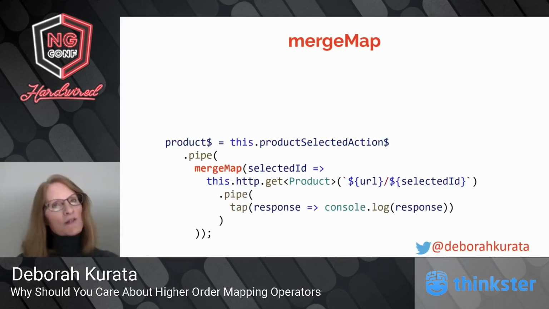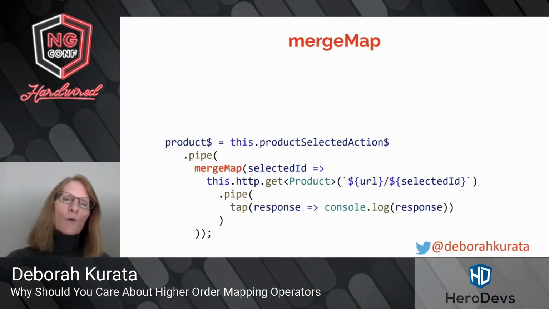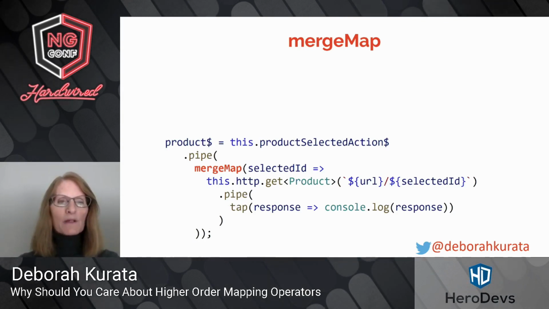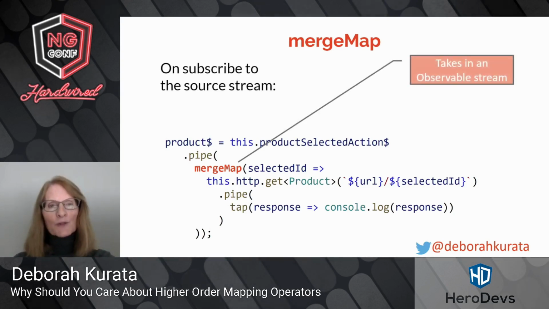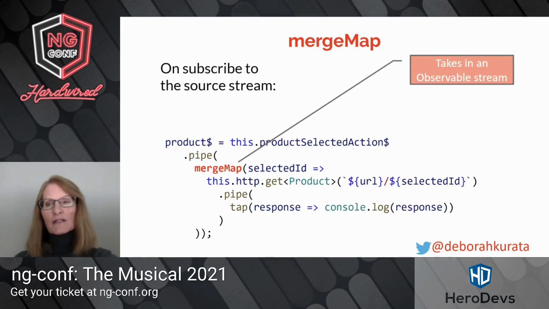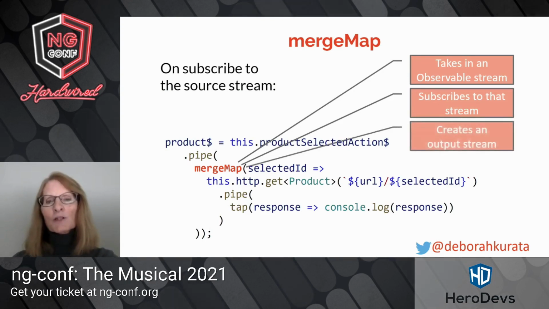So here again, same code, we're using mergeMap. So what is this going to do? Well, when we subscribe to product$, it is going to take in that observable, or in this case, the productSelectedAction observable. It's going to subscribe to that stream so it can get the emissions from that stream, and it's going to create an output stream that it's then going to associate with our product$.